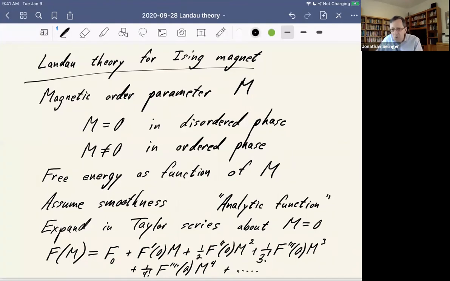So higher order terms, which get smaller and smaller, assuming that m is some small magnetic order parameter.